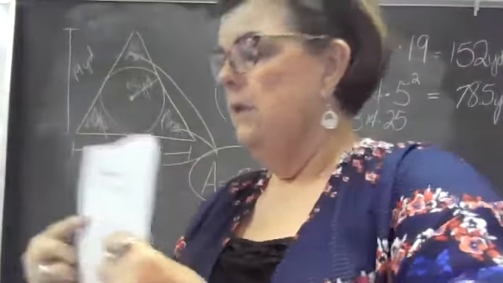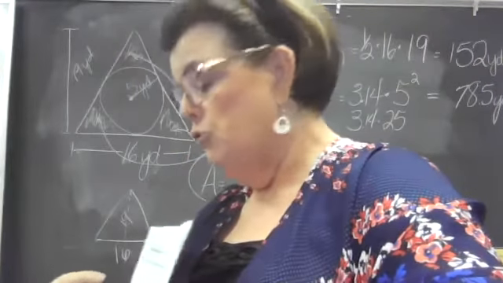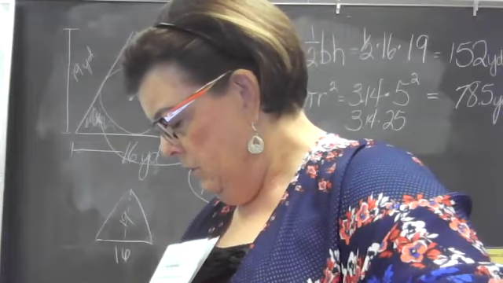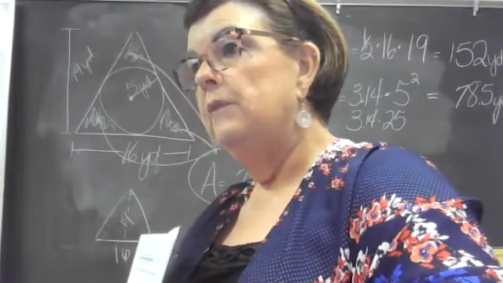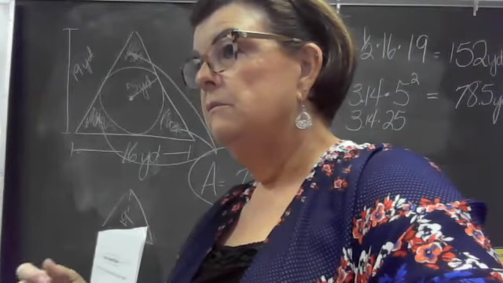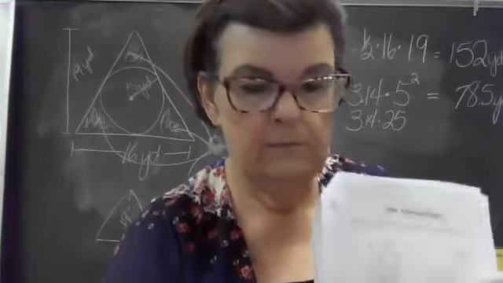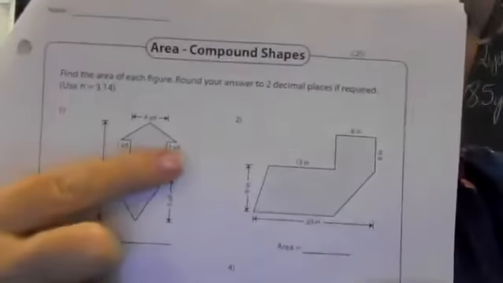Like, number 1, let's separate off that top triangle. Use your little dotted lines, and you'd separate the bottom triangle. And in the middle, you would have a rectangle, right? Do you see what I'm saying? And then just find the area.